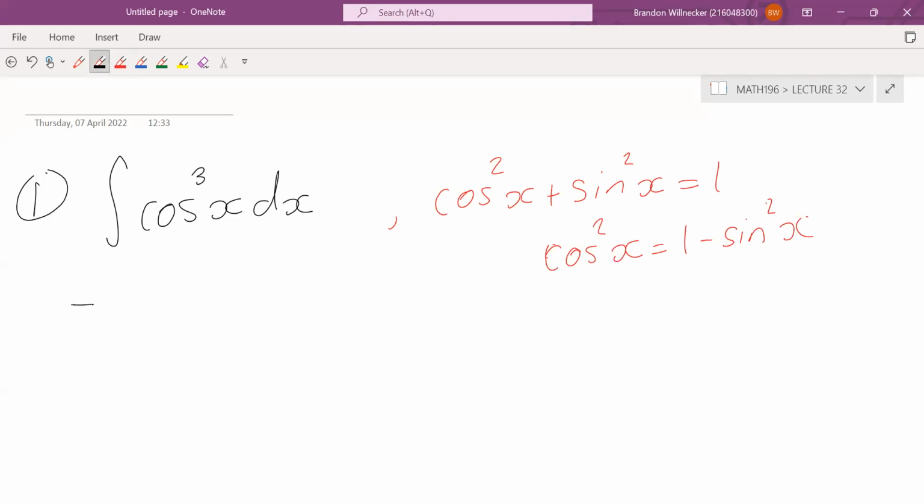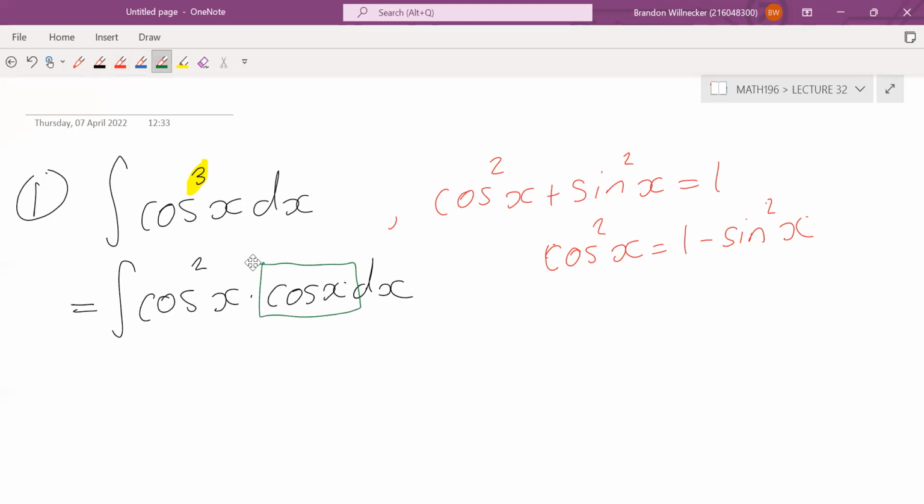So we're going to take one of the cos terms, because we've got three of them. We've got three here. One of them we're going to factor out. So we're left with the integral of cos squared x times cos x dx. Okay, so we factor this term out. Okay, what we do next is this cos squared we're going to rewrite in terms of sine using this that we found in red.